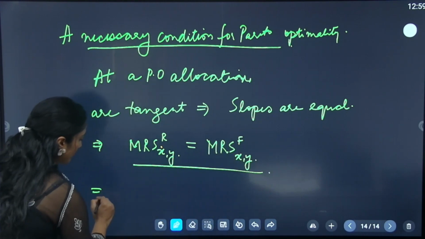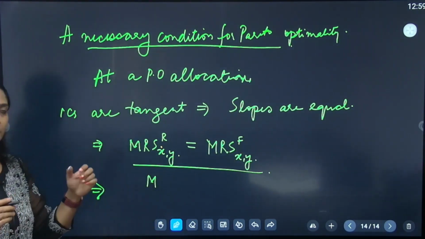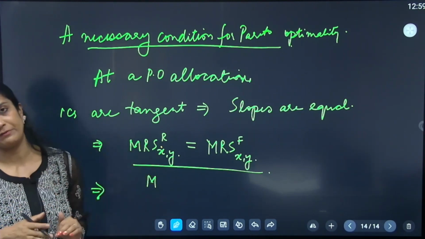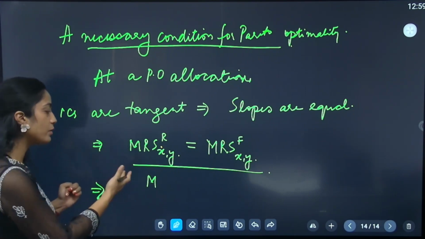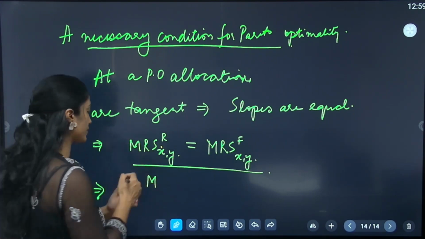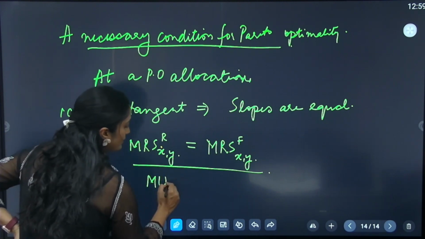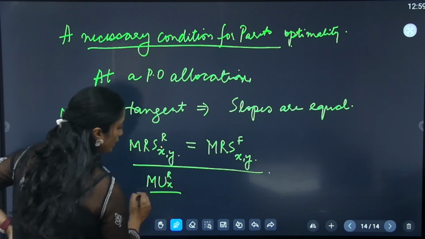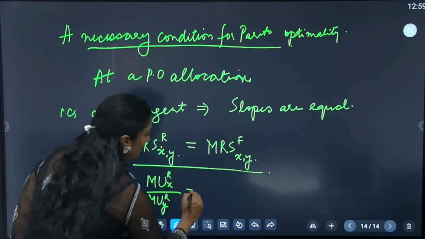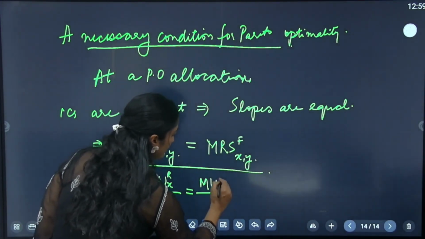We know that the marginal rate of substitution is the slope of an indifference curve, and this is also equal to the ratio of the marginal utilities of the two goods. So the marginal utility of X for Rahul upon the marginal utility of Y for Rahul is the same as the ratio of marginal utilities of X and Y for Fiza.